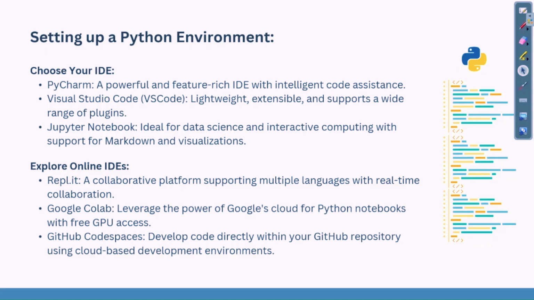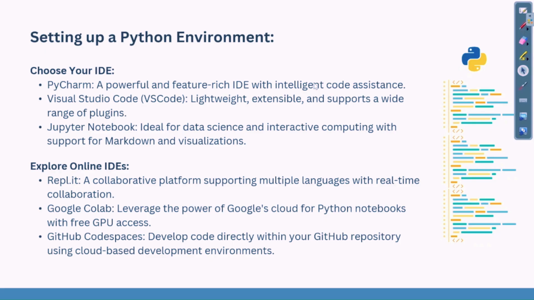Apart from these, nowadays we have many online IDEs also. To work on these, all you need is a tab of your browser. That is enough. Some online IDEs are Replit, Google Colab, and GitHub Codespaces. For our course we are going to use Google Colab.